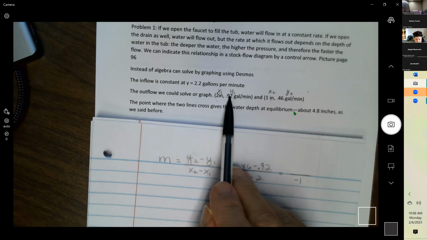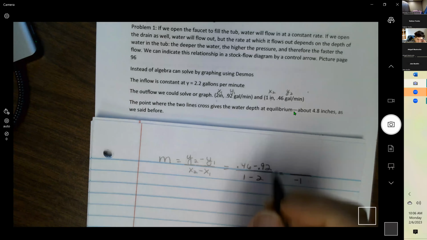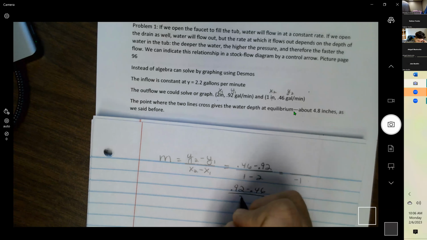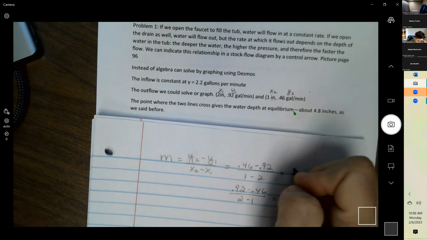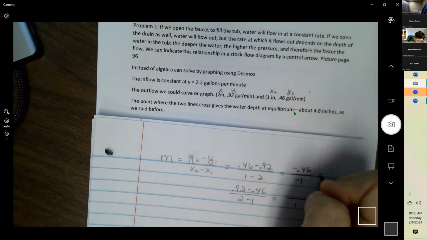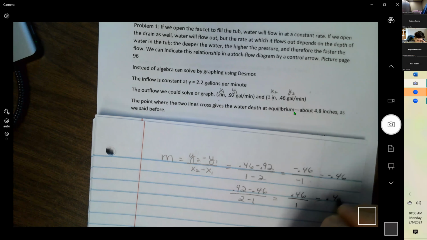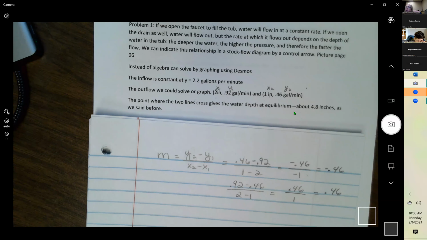If we started with 0.92 here, then we'd have to start with 2. Any questions on that?